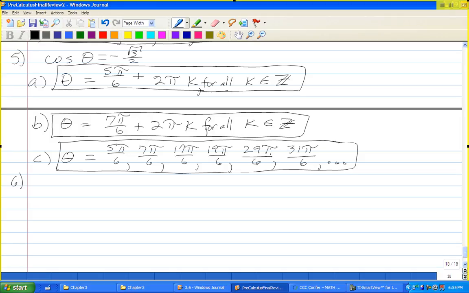6. Use a calculator to solve 3 tangent theta plus 8 equals 0. So that says that tangent of theta is negative 8 over 3. So theta equals arctan of negative 8 over 3.